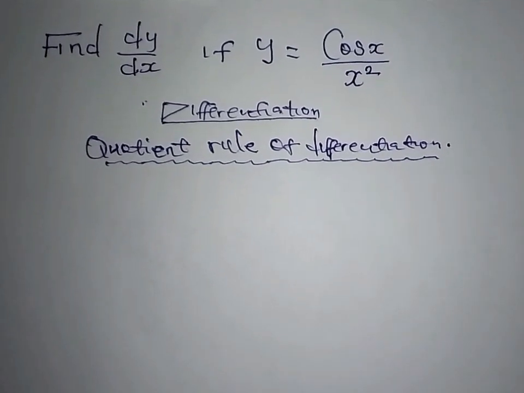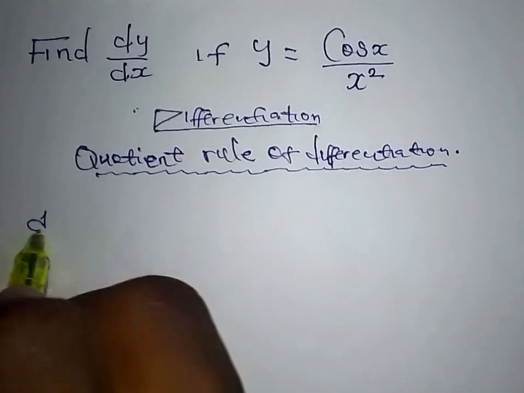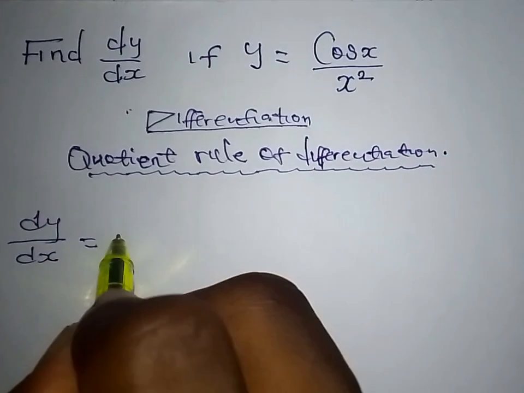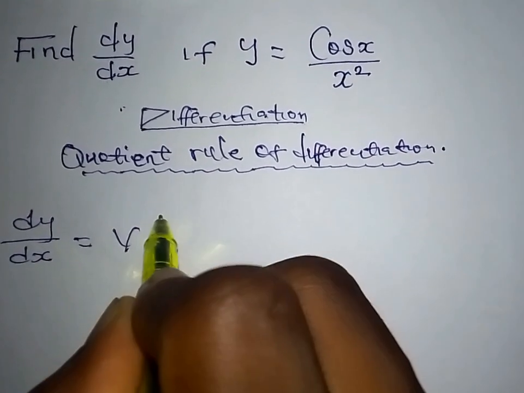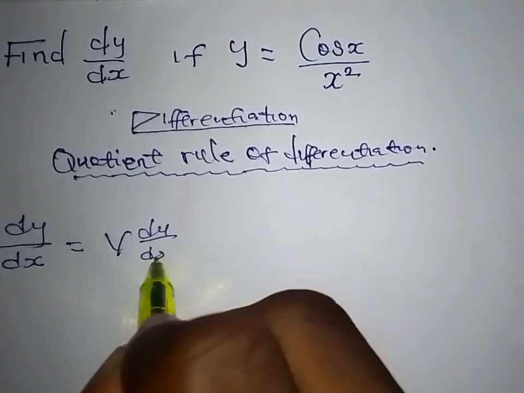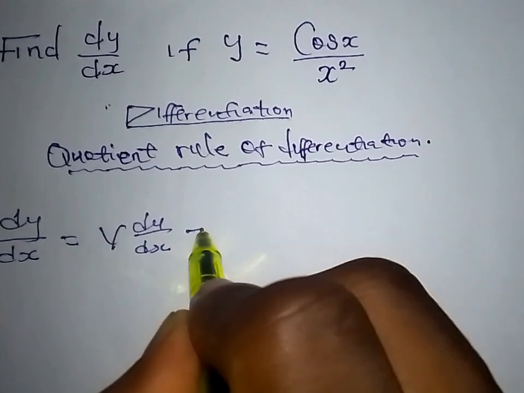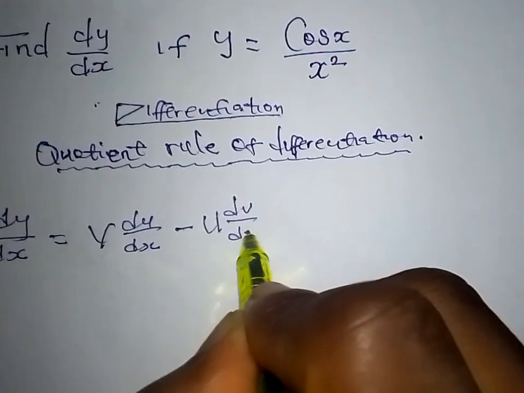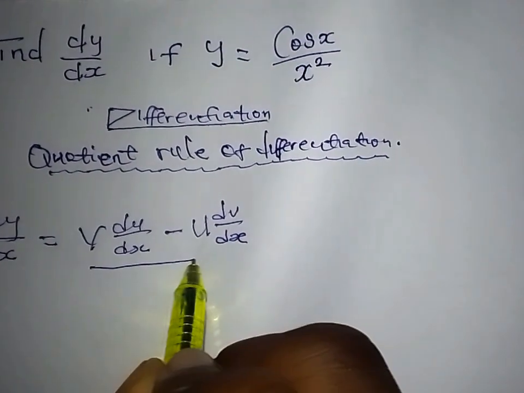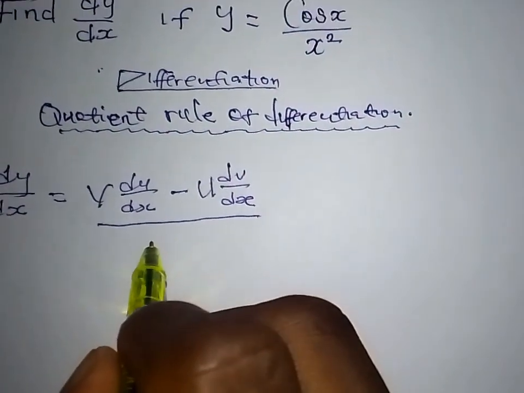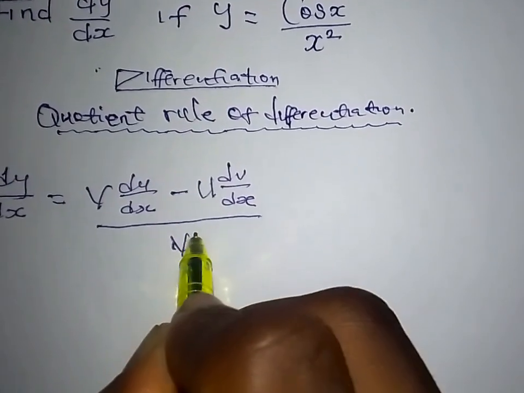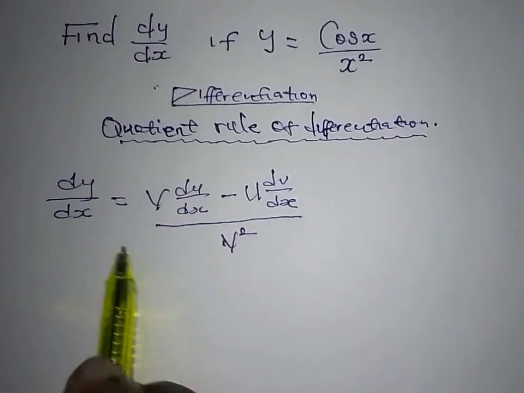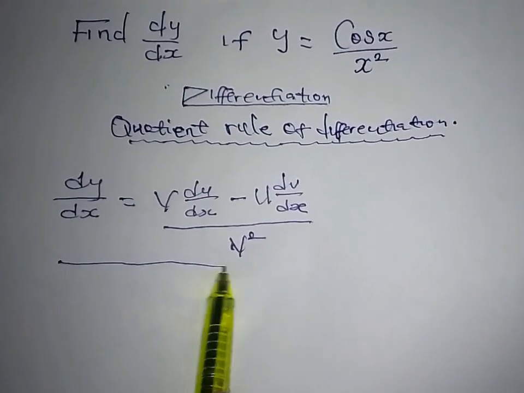The formula for quotient rule is dy all over dx is equal to v du over dx minus u dv all over dx, all over v square.